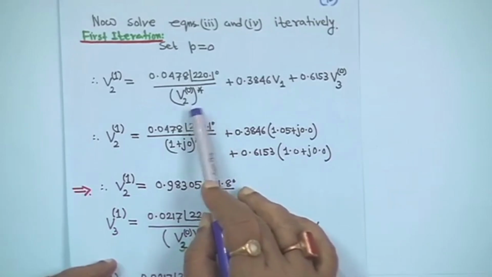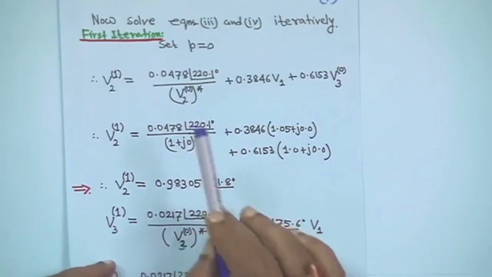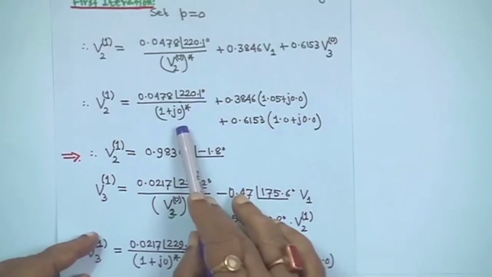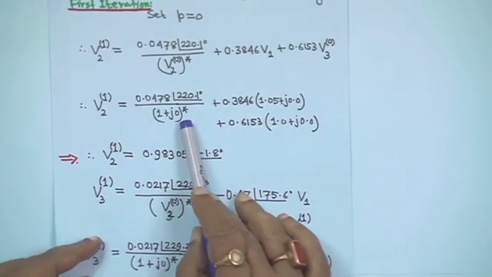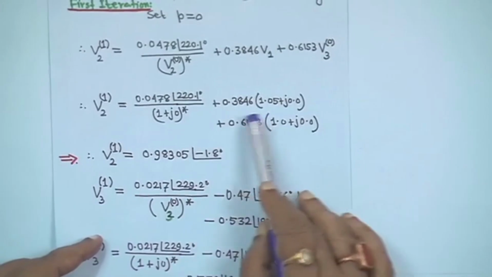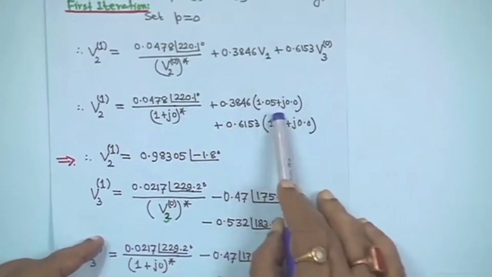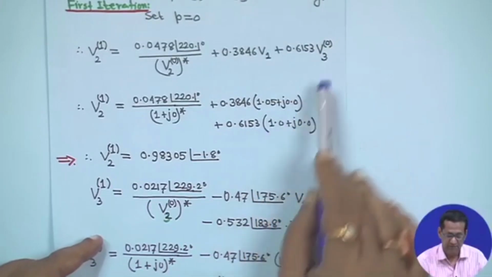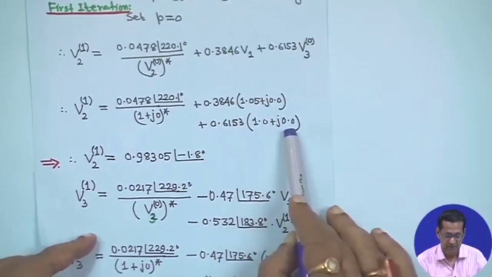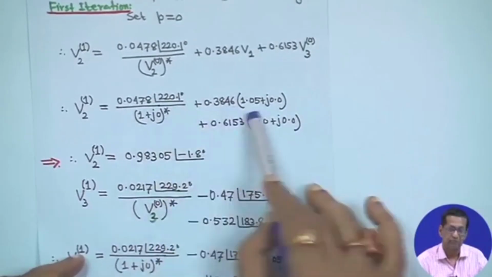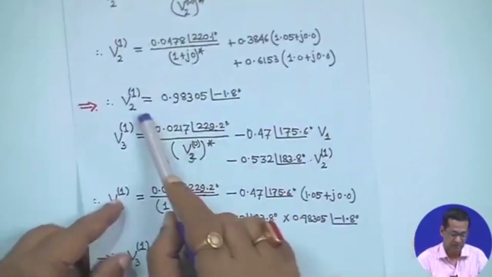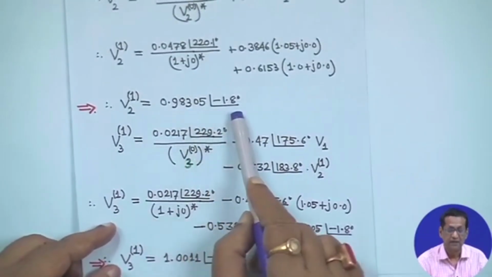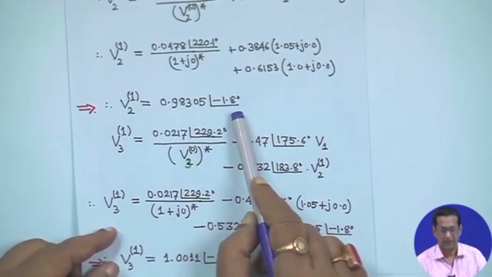So, here also it will be 1 plus J 0; conjugate, it is 1 minus J 0, which means 1 only. Then 0.3846 times V 1, which is 1.05 plus J 0, and 0.6153 times the initial value of V 3 0, 1 plus J 0. Then you compute all this. If you do so, V 2 1 for the first iteration will come 0.98305 angle minus 1.8 degree, right.